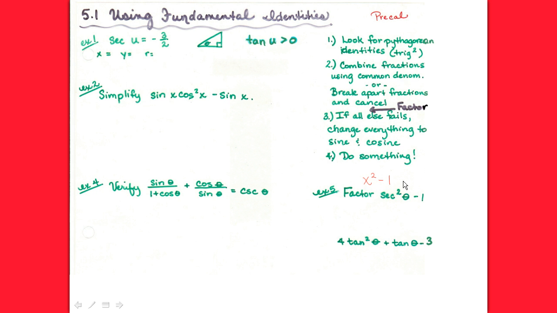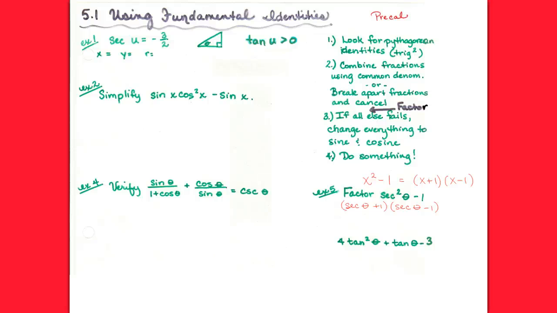If they told me to factor x squared minus 1, I'd have no trouble, right? That's a difference of squares. So I would just say x plus 1, x minus 1. And then that gives me a pattern for how I can solve the secant squared minus 1. It would just be secant plus 1, secant minus 1. So again, if it makes it easier for you to see, feel free to substitute those out with a variable to get the trig function out of your way.